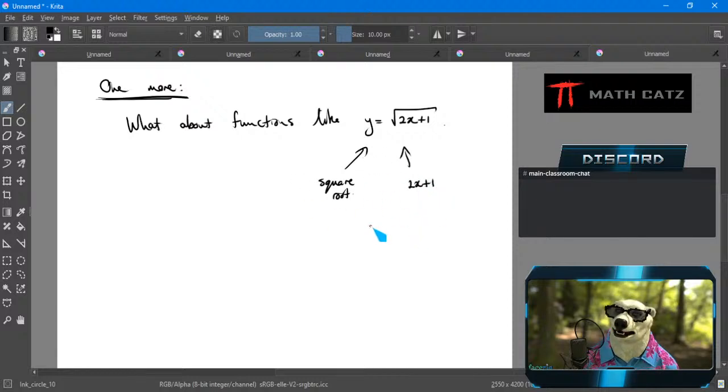They're combined, but not in an arithmetic way. It's not addition, subtraction, multiplication, division. It's none of those. It's a composition of functions. It's a composition of these two.